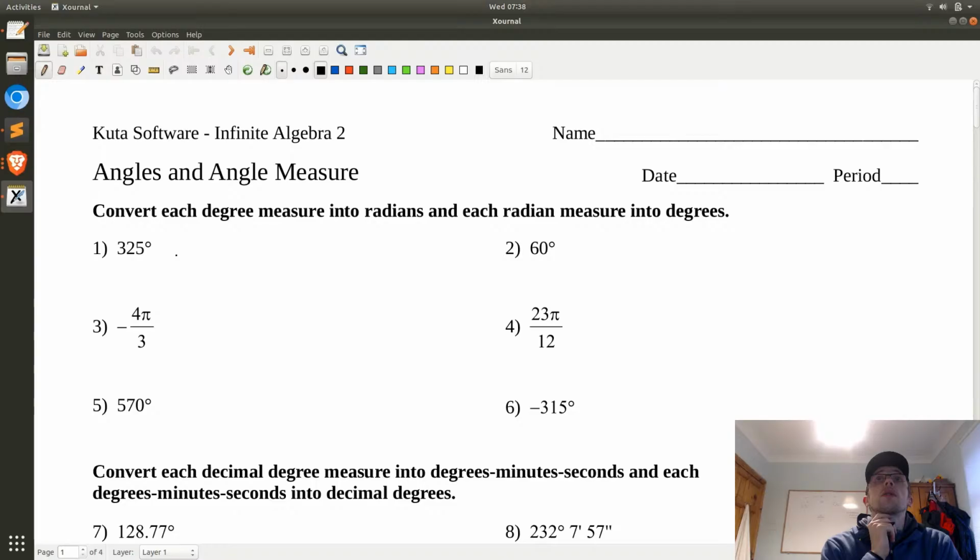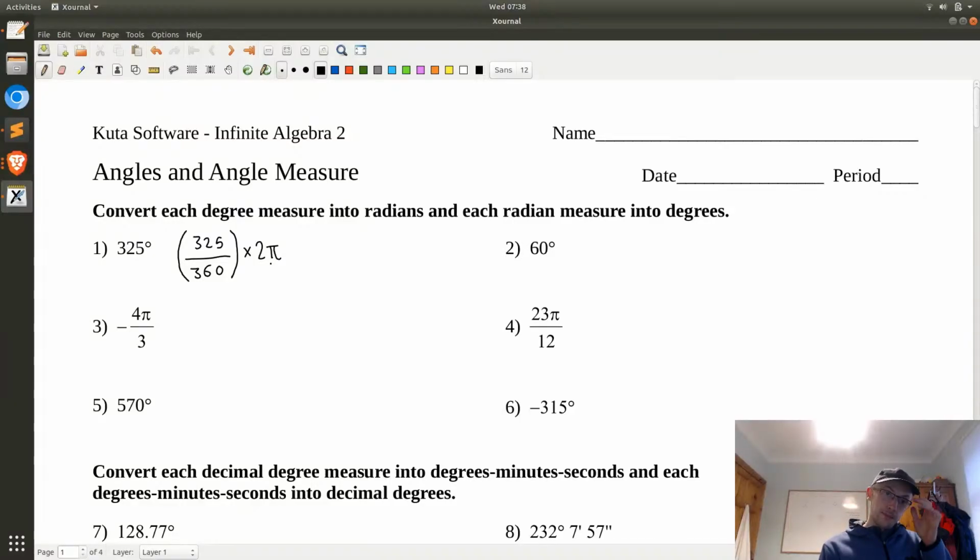And if it said 270 degrees, I would have replied with 1.5 pi radians. So I'm noticing a pattern here. What you have to do is find the fraction 325 over 360, because that's what fraction of a full turn 325 degrees is. And then multiply that by 2 pi. And that gets you how many radians it is.